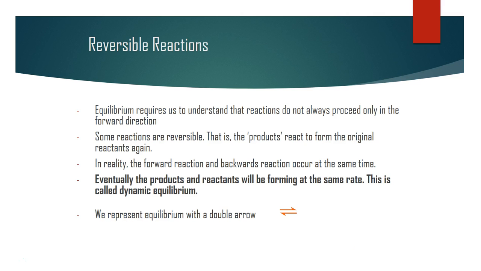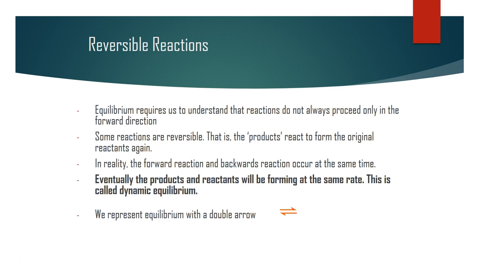As I said, all of this relies on the fact that we understand that reactions are reversible, because it requires us to realize that while we talk about reactants and products, the reactants can form the products, and when the products are formed, they are simply reactants for the reverse reaction. Eventually the reactants and products are forming at the same rate, and this is when we have dynamic equilibrium.